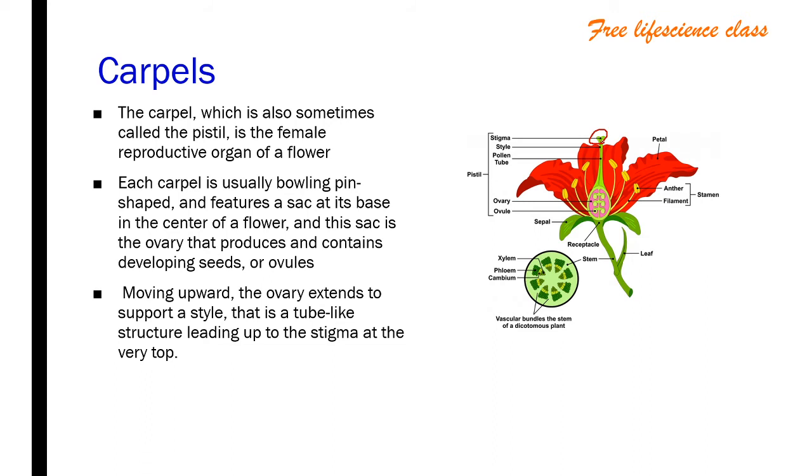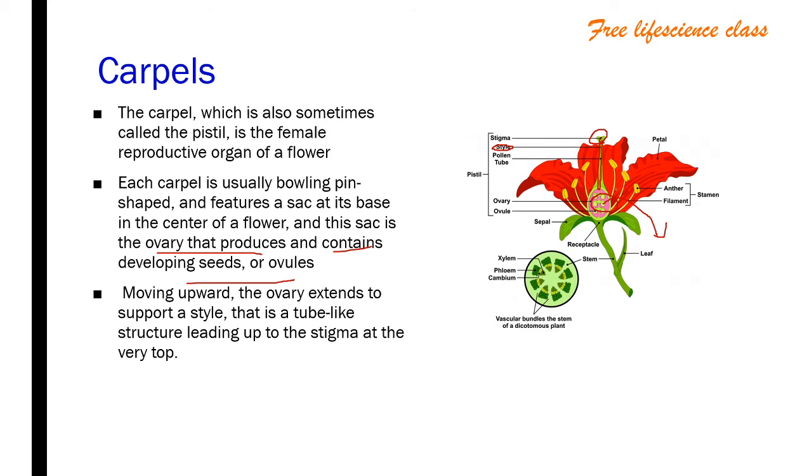A small thing running from the stigma down to the gynoecium is known as the style. And this sac, the ovary, produces and contains developing seeds, that is, ovules.